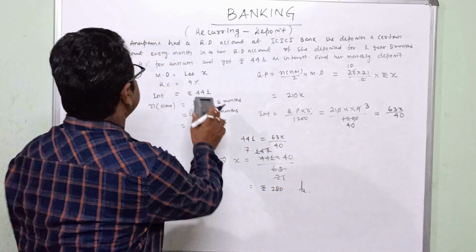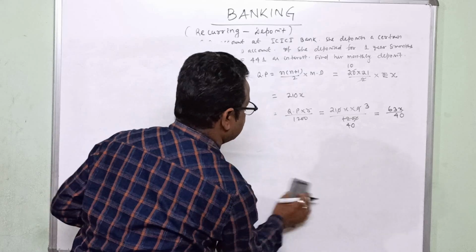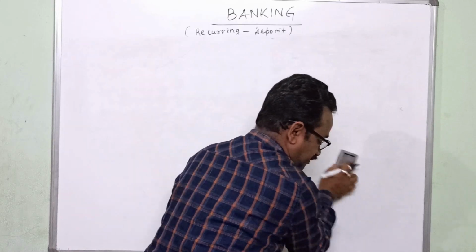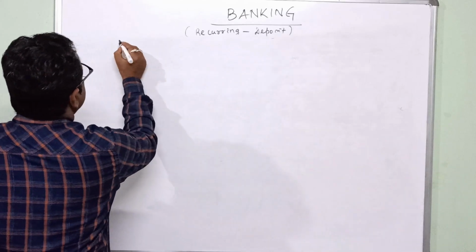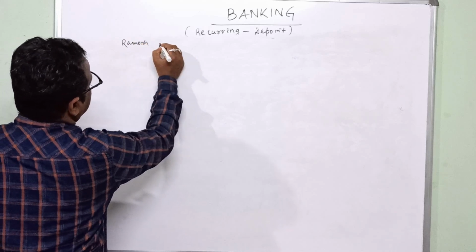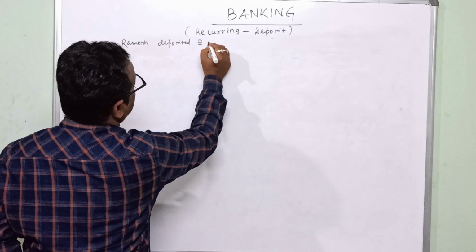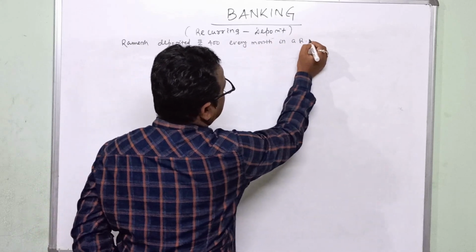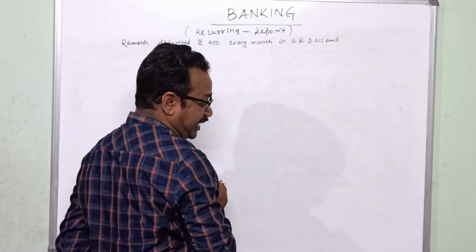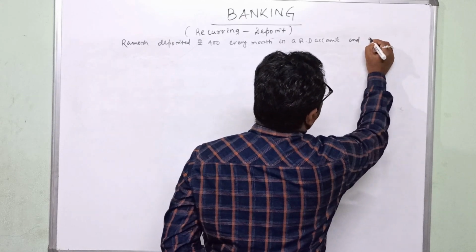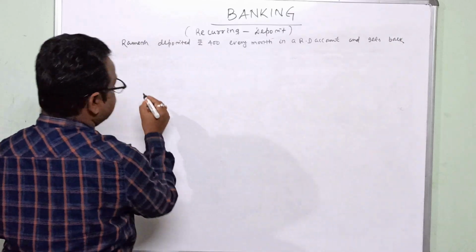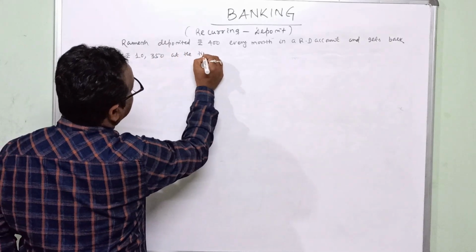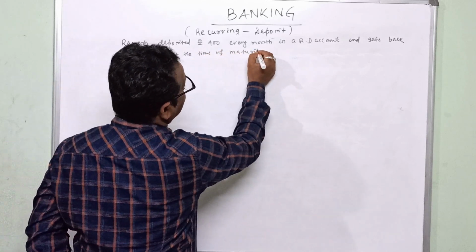Okay, the next one is: Ramesh deposited rupees 400 every month in an R.D account and gets back rupees 10,350 at the time of maturity.